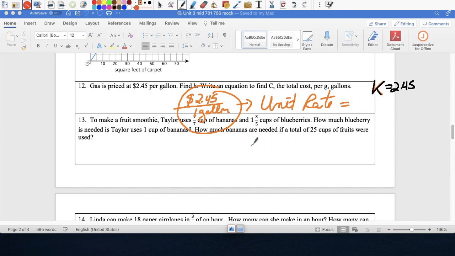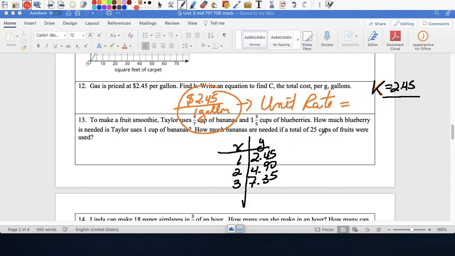Again, you don't have to create a table. I'm showing you that if I have 1 gallon, I pay $2.45. If I have 2 gallons, I'm going to pay $4.90. If I have 3 gallons, we're going to pay $7.35, and so on. It's always times 2.45.